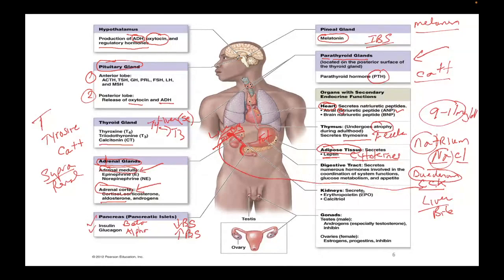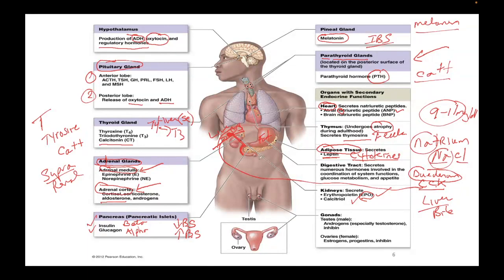Okay, when we look at the kidney, it is going to release erythropoietin and calcitriol. EPO, erythropoietin, means to produce red blood cells.